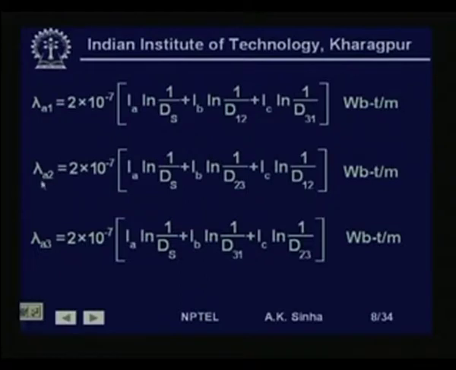Similarly, for the phase A conductor in the second 1/3 length of the line, it will be 2 into 10 to the power minus 7 into I A log n 1 by d s, that is its own distance, plus I B log n 1 by d 2 3.